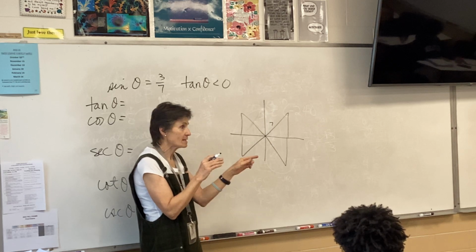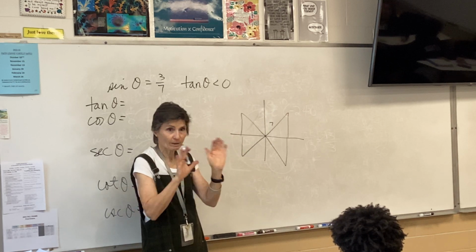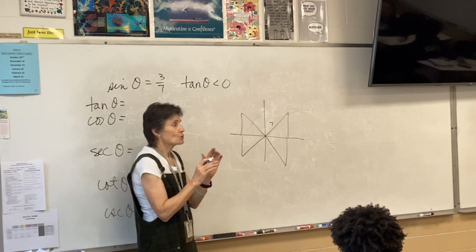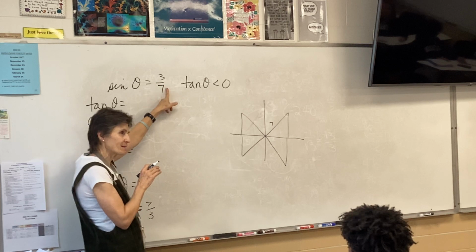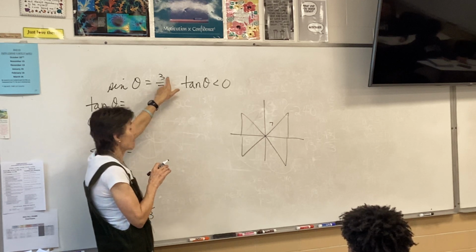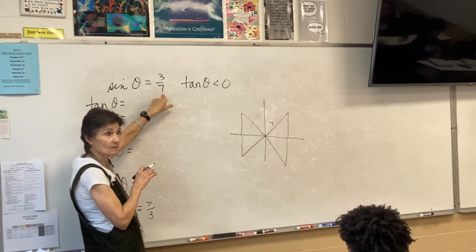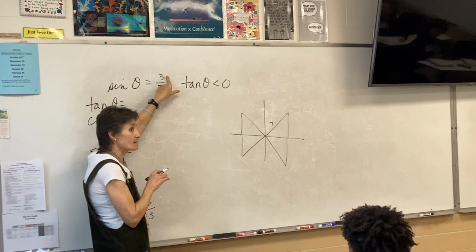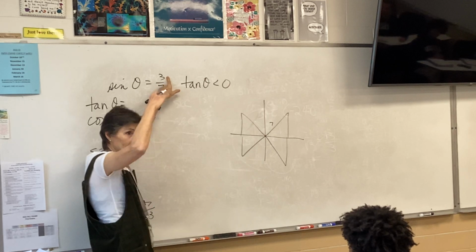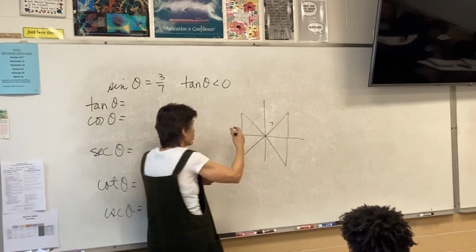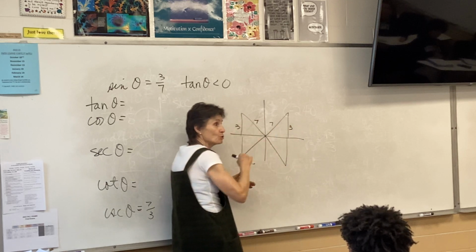X and Y can be negative, radius cannot. So if we want the sine to be positive, then doesn't that mean that 3 has to be positive? Well, where is Y positive? Above, top half, right? So we're talking about one of these 2 pictures. Would you agree with me?